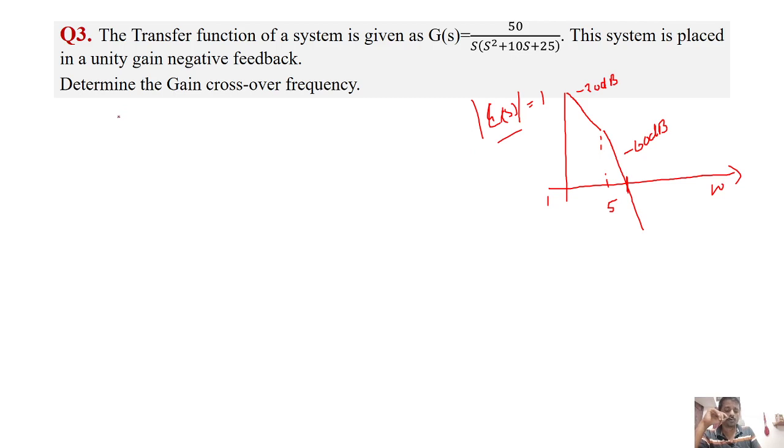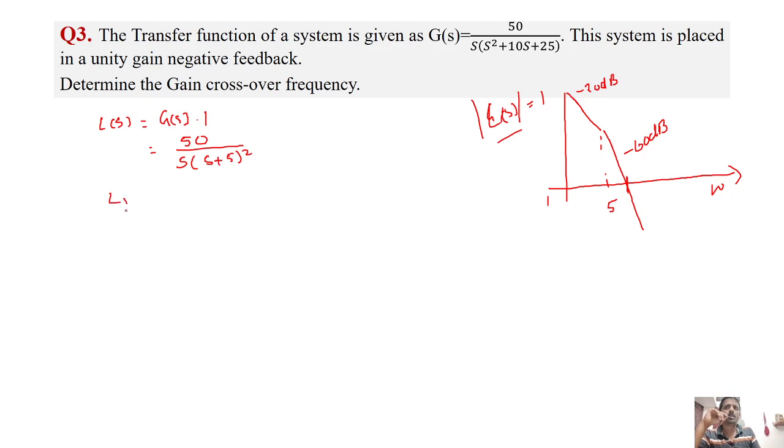Okay, so we know, here loop gain L of S is given as G of S into 1, so that is equal to, so already we have got 50 by s into s plus 5 whole square.